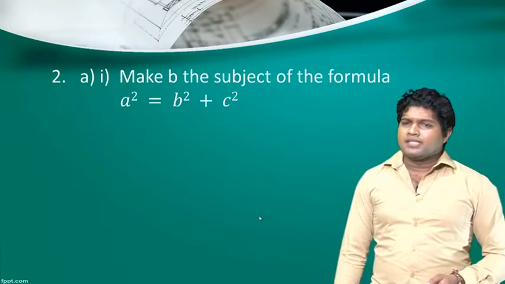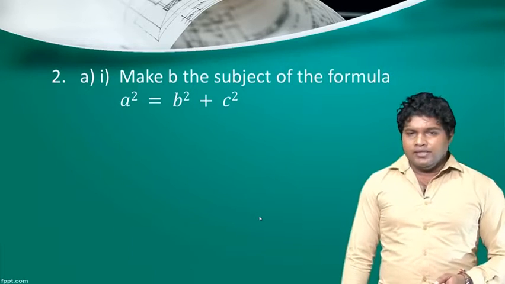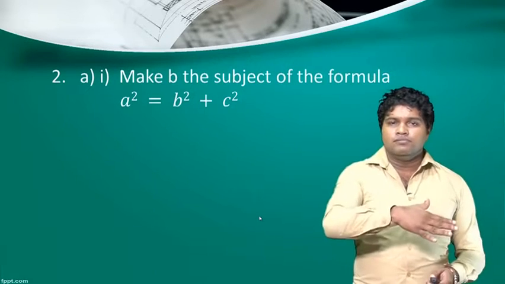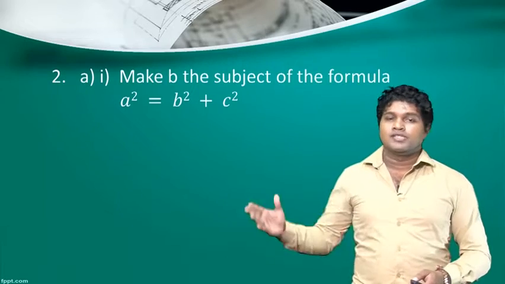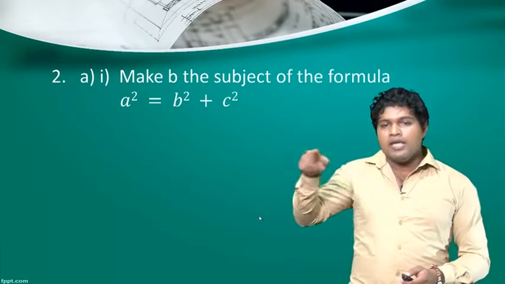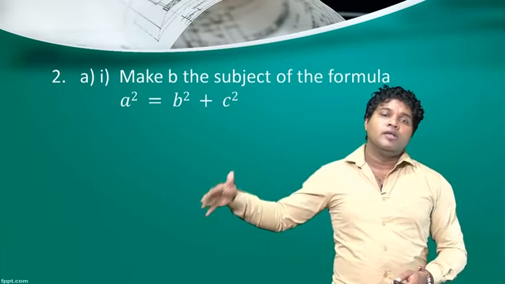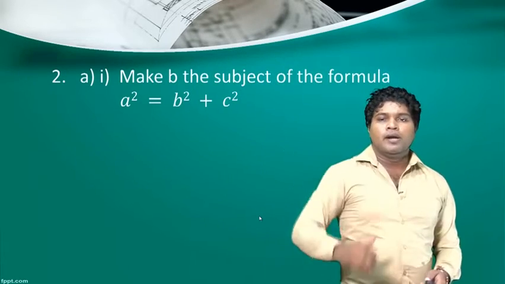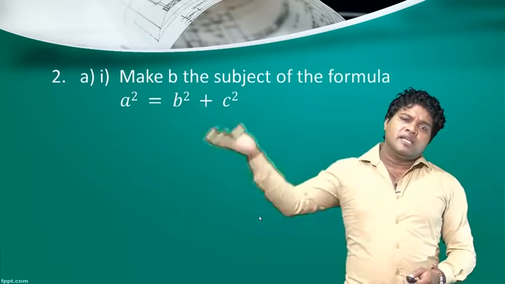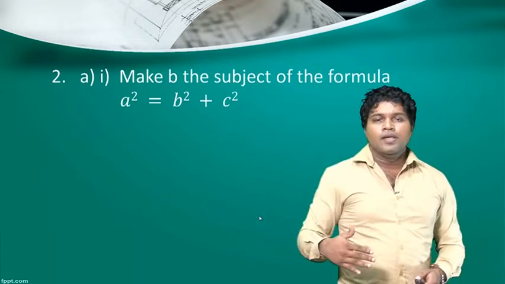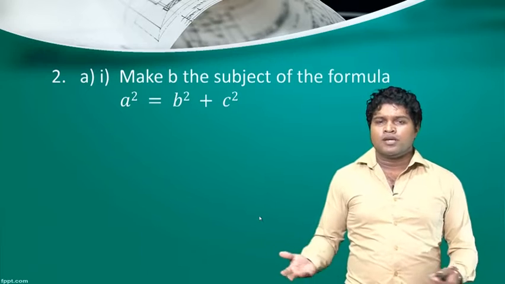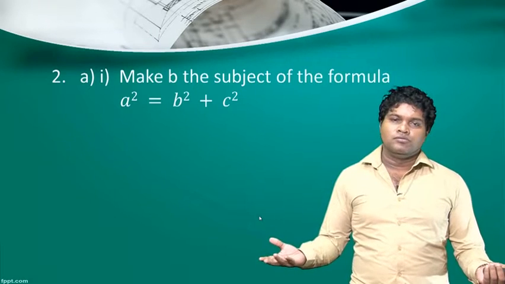To make B the subject here, I think B should be taken to the left hand side, because you must write an answer as B equals something. Therefore I must take the B terms to this side. But if I take only the B terms to the left hand side, that will be minus B squared. Troublesome. What should I do?